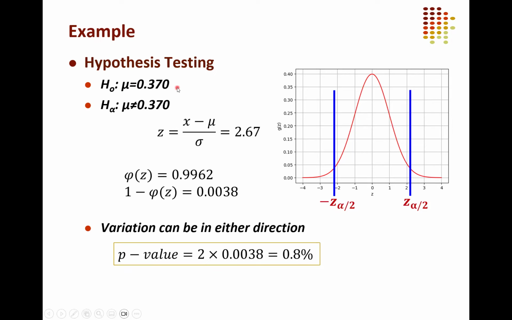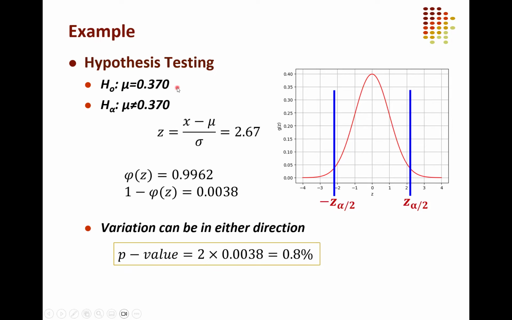And if we calculate the corresponding probability from the other side, the upper tail probability, it is 0.0038.